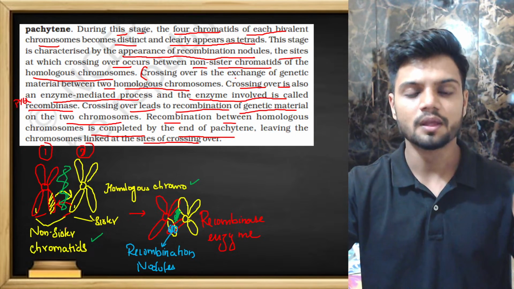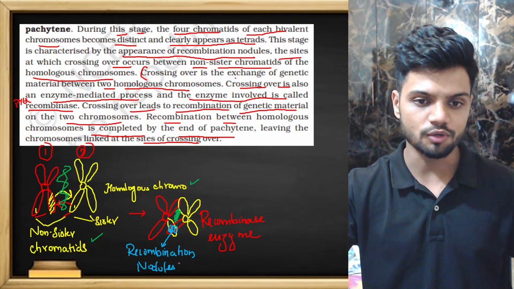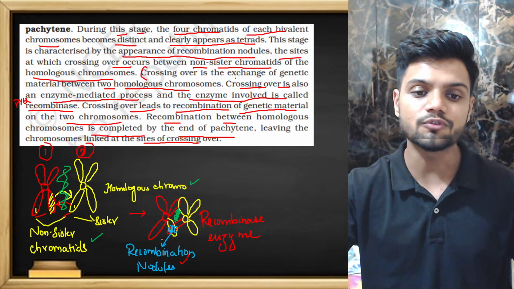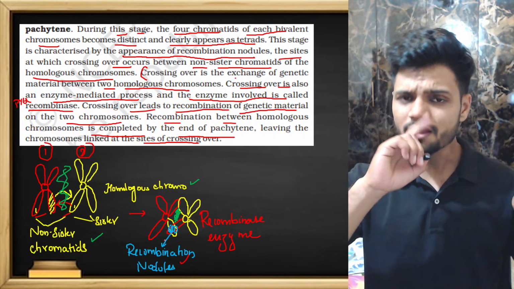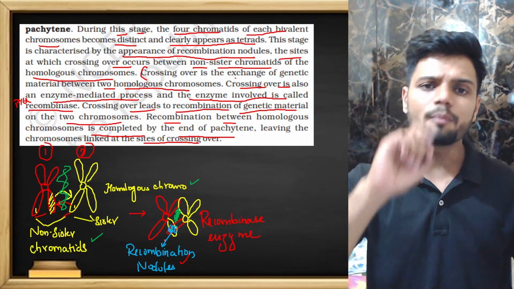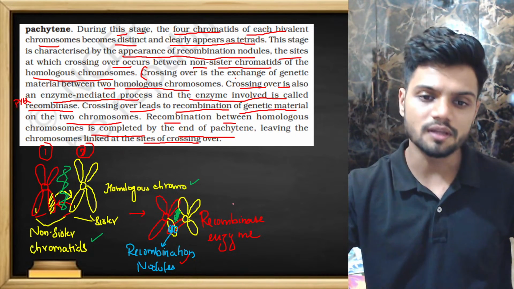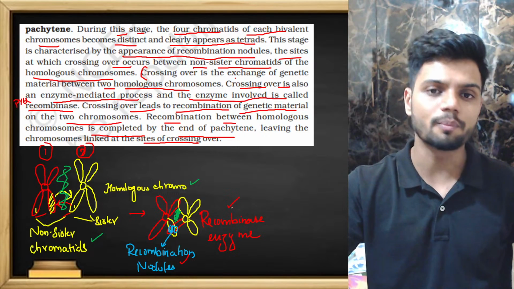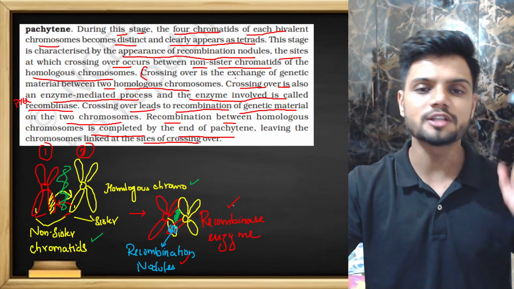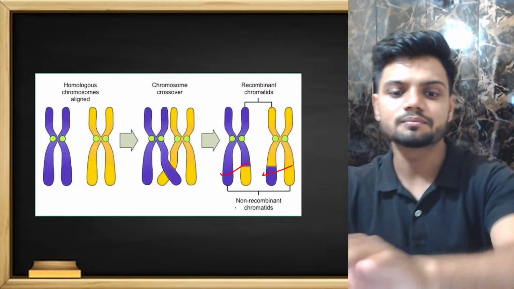Third point is recombination nodules, formed at the site of crossing over. Wherever crossing over is happening, recombination nodules form there. The fourth point is the recombinase enzyme mediating it. Four points in pachytene.